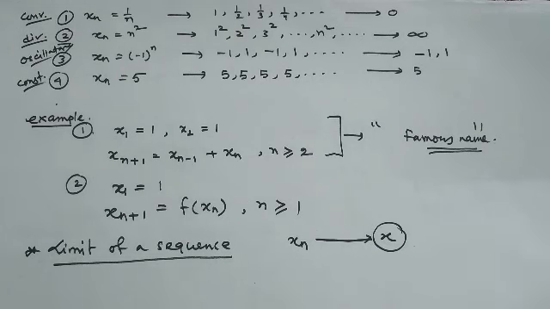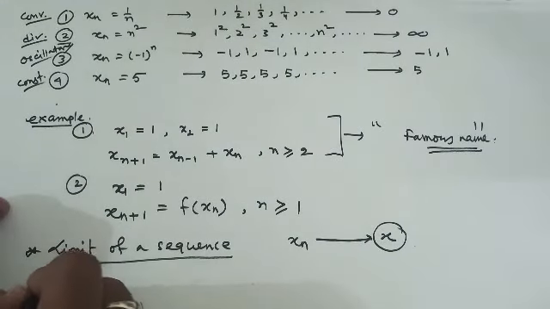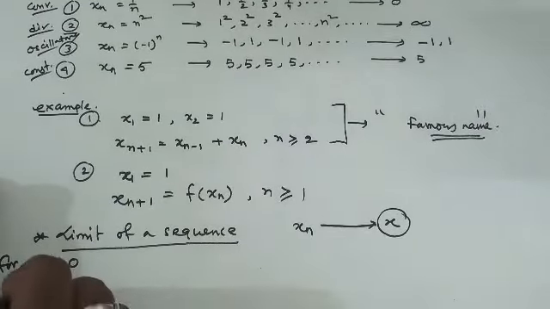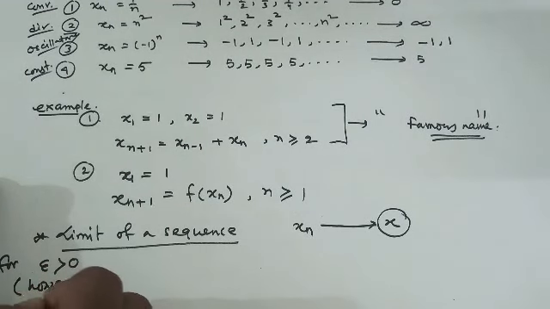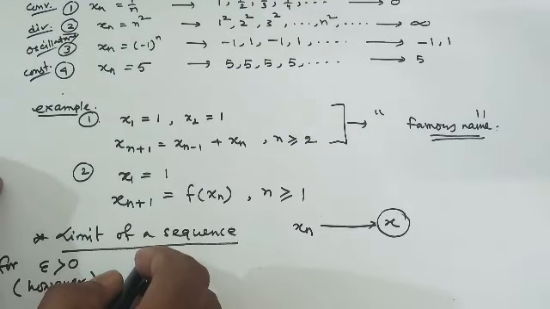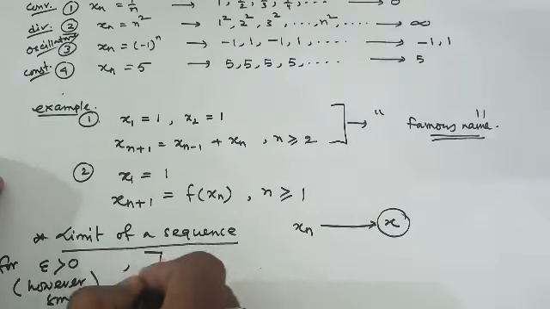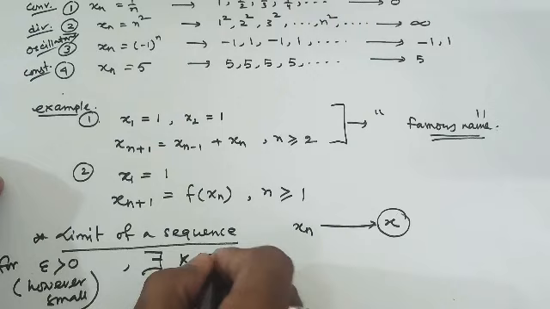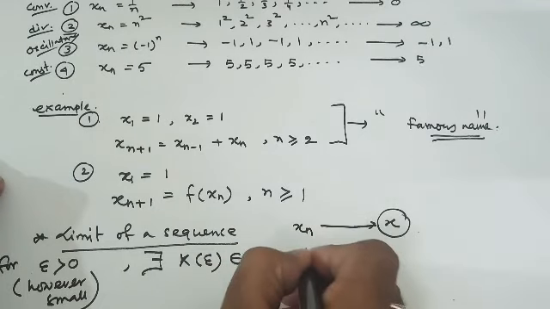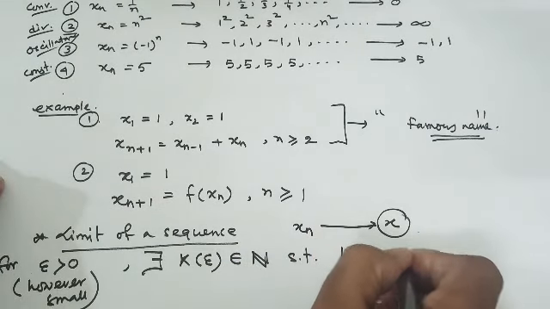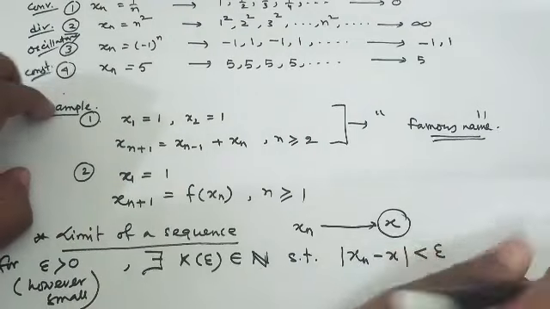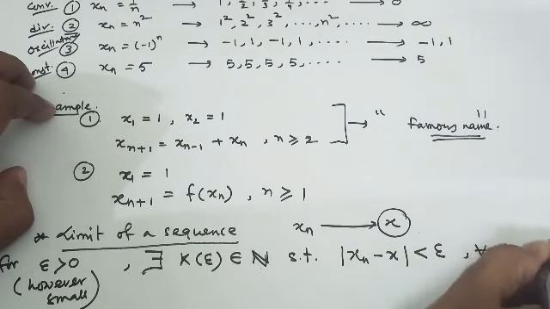Here comes the epsilon definition. For epsilon greater than 0, and epsilon is however small you want, there exists k depending upon this epsilon, where k belongs to the set of natural numbers, such that the distance between xn and x can be made less than epsilon for all n greater or equal to k of epsilon.